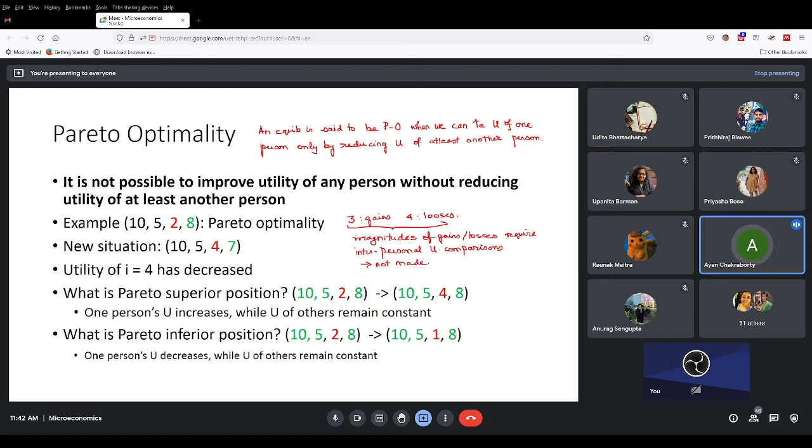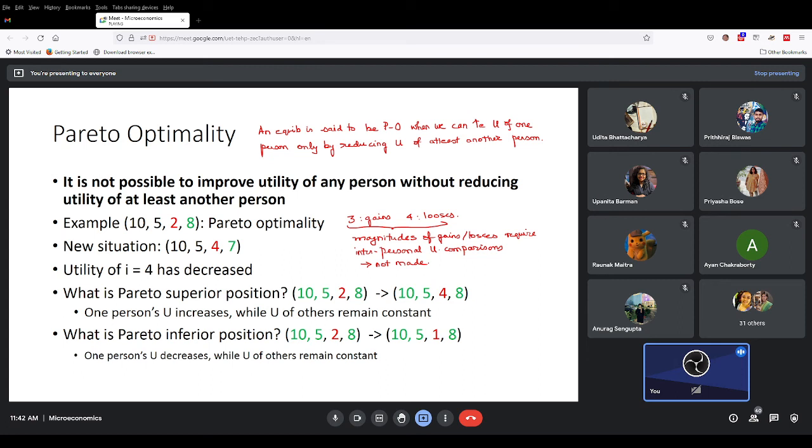Sir, then what are we saying between these two situations that we cannot compare? Yeah, we cannot compare. That is why we are saying that Pareto gives a partial ordering. If you start from 10, 5, 4, 7 and move to 10, 5, 2, 8, so you are going back, which is better?